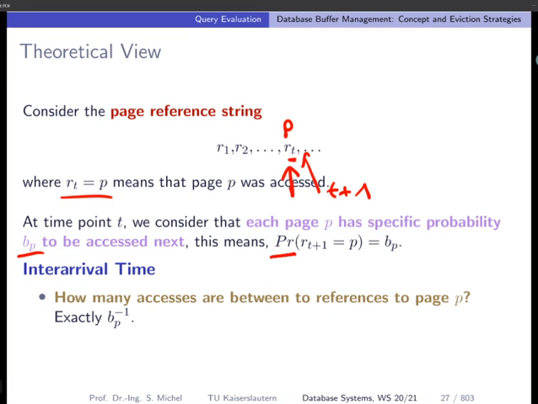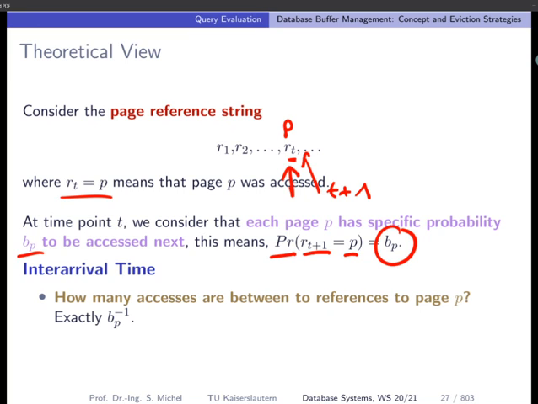That means the probability that the reference RT plus 1 equals P is exactly this assumed probability BP. Of course, in practice, we don't know these probabilities, but let's just assume we do.